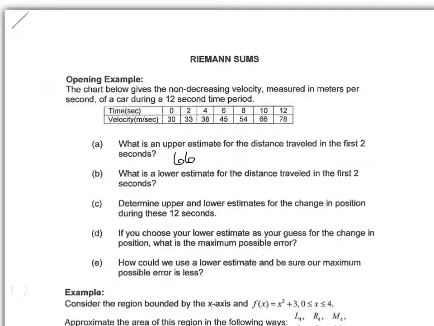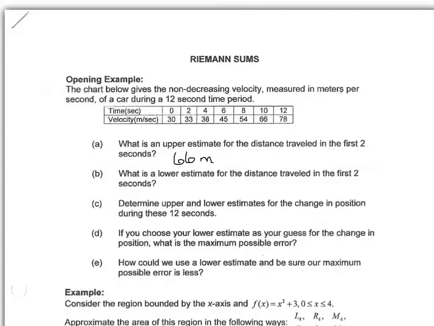And we are going meters. Okay, so 30 could be when time starts. Maybe we started time when he was already moving. And we don't know. An upper estimate could be the first second he could have been going 33 meters per second, and then the second second he's going that same velocity. So for 2 seconds at 33 meters per second, the upper estimate is 66.